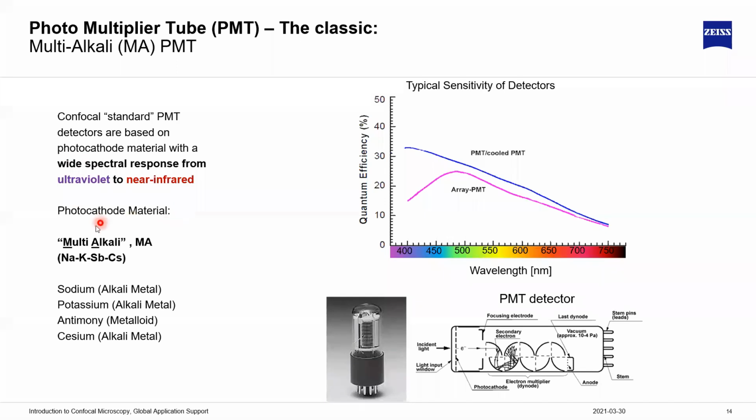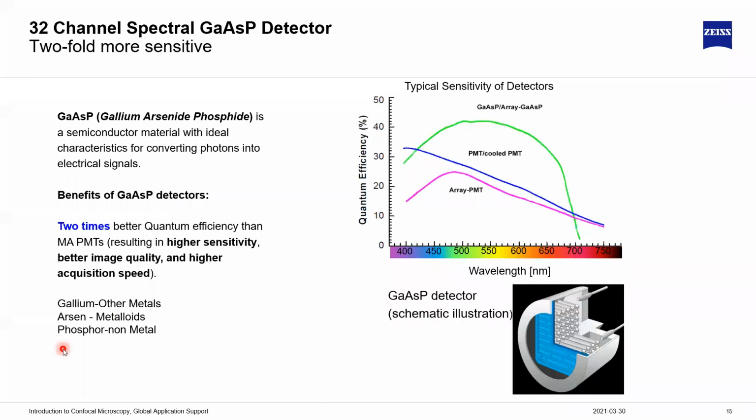And it's called multi-alkali because basically this photocathode has these four alkali elements. Now, this is a classical standard detector. Of course, there is something that is called a gas detector.